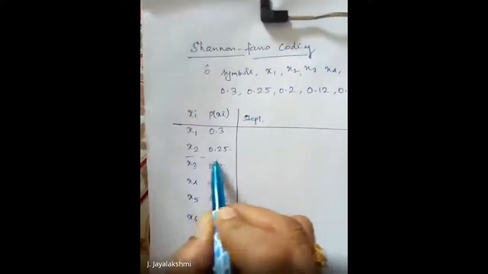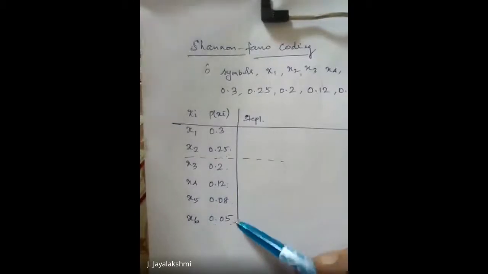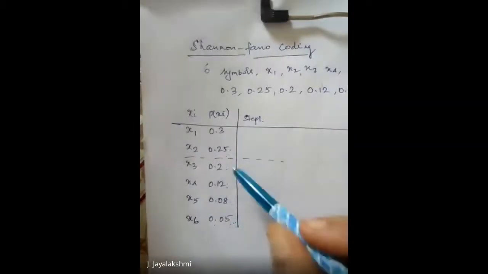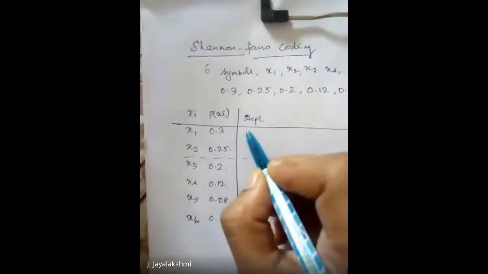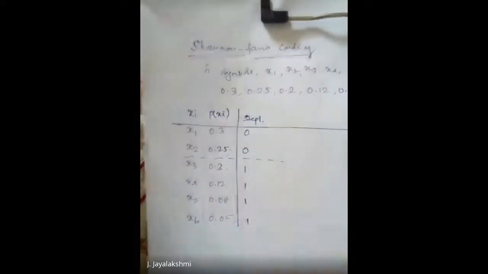So I am splitting this into two sets. One set is above with two probabilities, and the below set is going to have four probabilities. This is the first step. What you have to do is assign 0 for the upper set and 1 for the lower set.